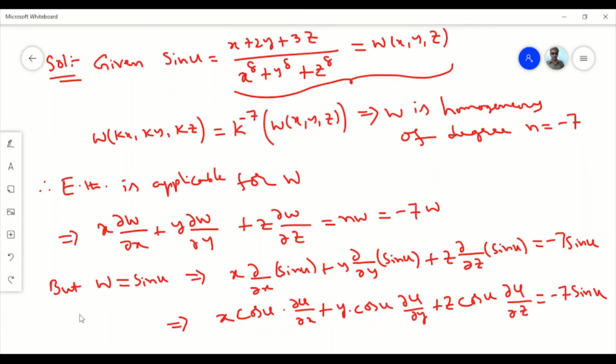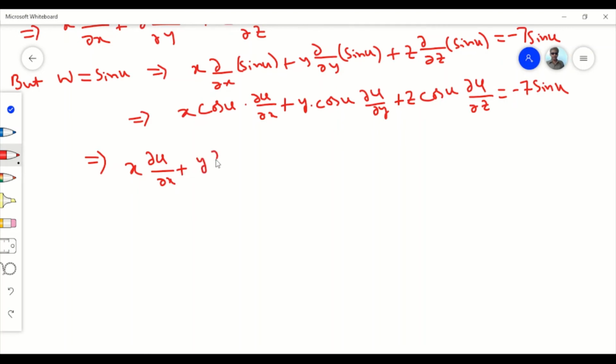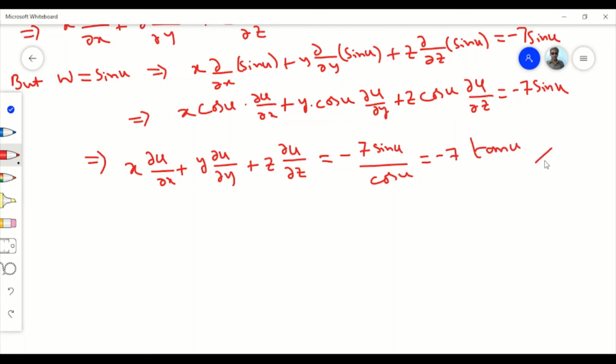Now you take cos u to the right hand side: x dou u by dou x plus y dou u by dou y plus z dou u by dou z equal to minus 7 sin u by cos u, which is minus 7 tan u. That is the answer.